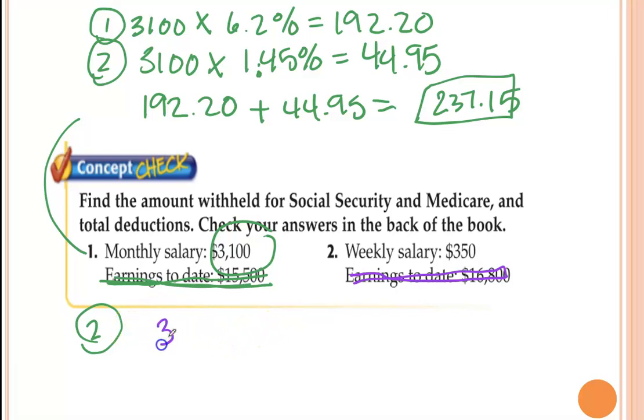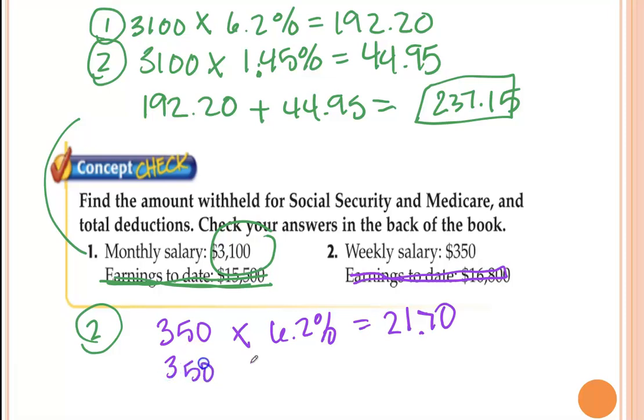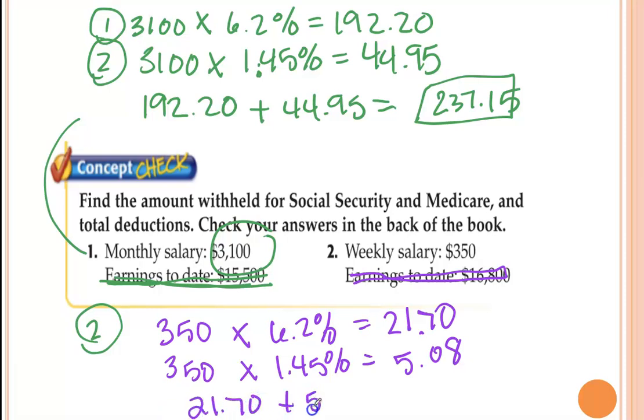So then I'm just taking the 350 times 6.2% equals 2170, sorry. I'm taking that same number times 1.45%, and I get 5.08. Then I'm just adding those two numbers together, and I am getting 2670.